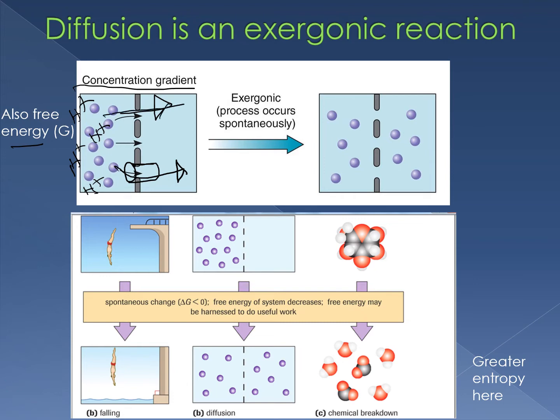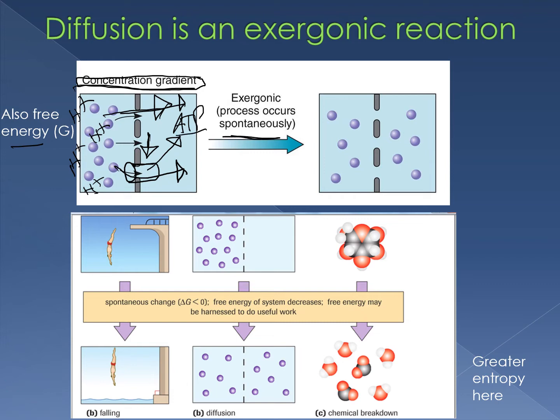They'll diffuse down their concentration gradient, and if the cell has installed one of these fellows here, a huge protein complex, it'll actually rotate, and in the process of rotating, it produces ATP. So we are harnessing free energy here in the form of a concentration gradient to do work. What is that work? To produce ATP.